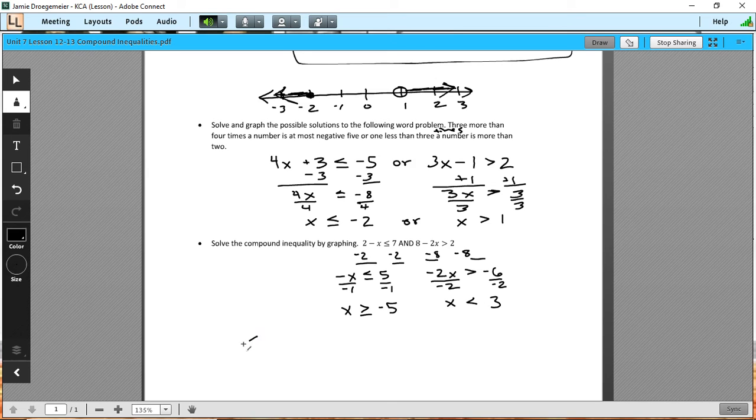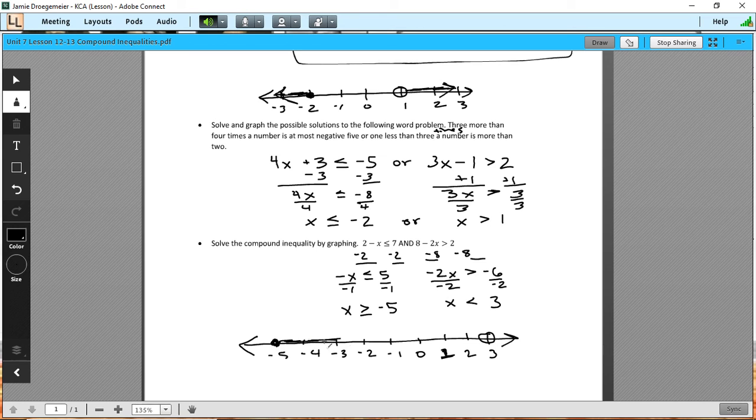And so this time when we go to graph, I'm just going to draw out my graph here. So at -5, we have a solid circle, shading to the right. At +3, we have an open circle, shading to the left.